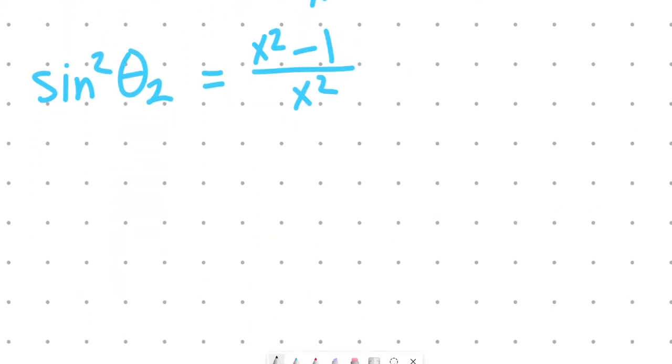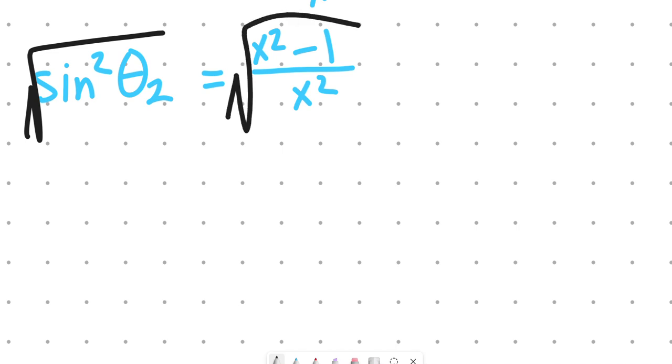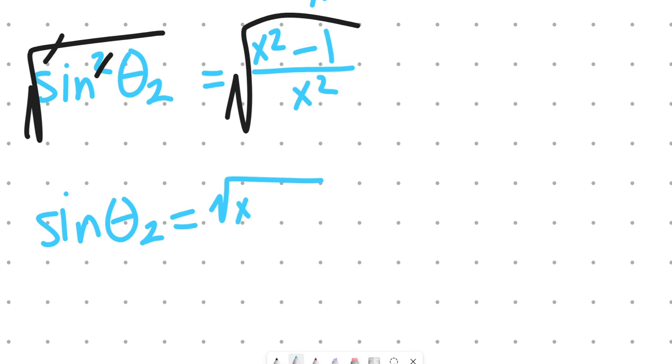Now we can take the root on both sides so that we get rid of the square here. Then we get that the sine of theta 2 is equal to the square root of x squared minus 1 over, now we have to be careful, because x squared is always positive on all of the real numbers, which means we always have to take into consideration that the square root of x squared is equal to the absolute value of x.